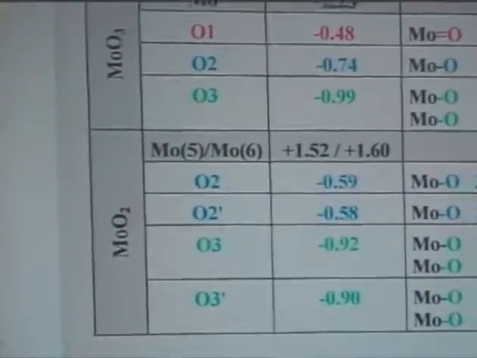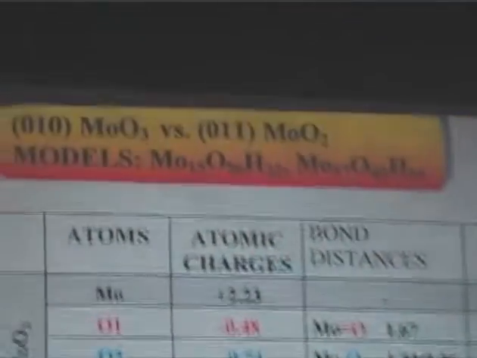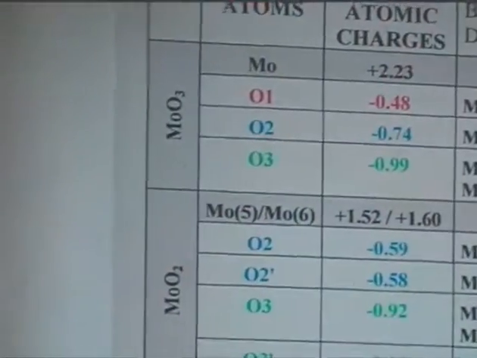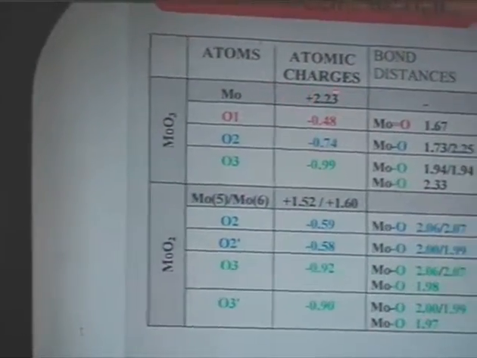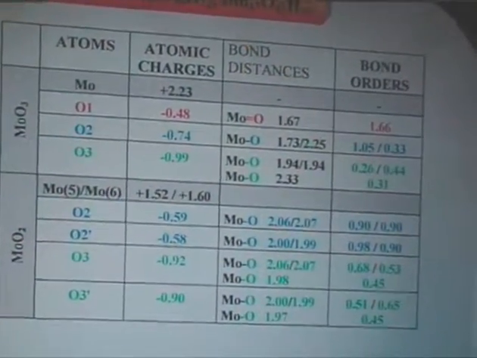What I would like to point out first is that the atomic charges are far from the formal oxygen charges. We are getting molybdenum plus 2.2 or plus 1.6 approximately in the case of MoO2.